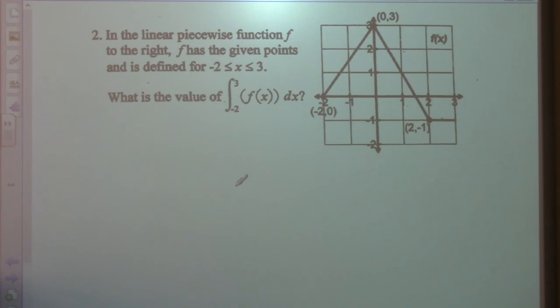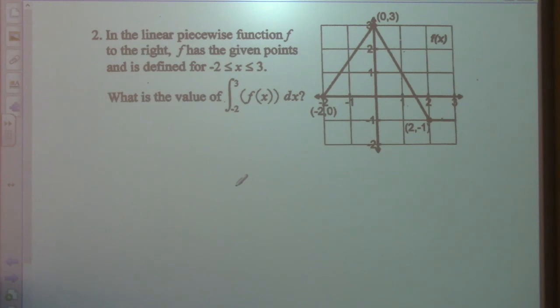So now we have this one here, the linear piecewise function on the right. F has the given points and is defined between negative 2 and 3. What is the value of the integral from negative 2 to 3 of f of x dx?